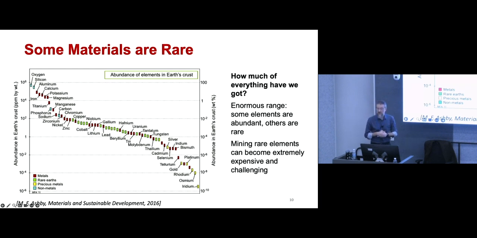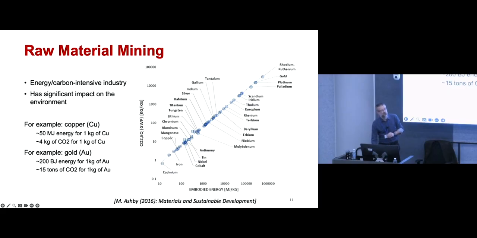manufacture integrated circuits. Now, extracting some of these materials is a very energy-intensive industry, and it's also a very carbon-intensive industry. So this graph is showing the amount of energy and the amount of CO2 emitted in the process of extracting raw materials.